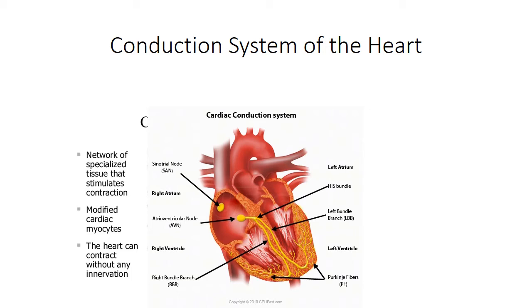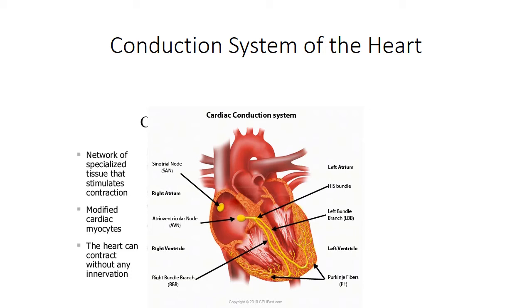Then from the sinoatrial node, there are connections that link it with another node called the atrioventricular node. Then from the atrioventricular node, there are further connections. All these golden colored threads are formed by these special pacemaker heart muscle cells.